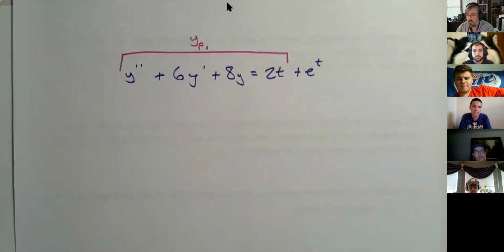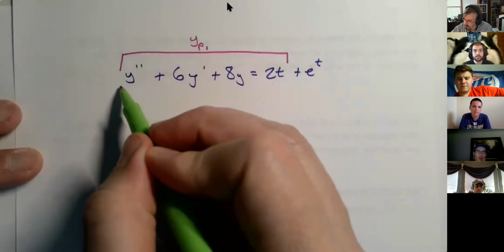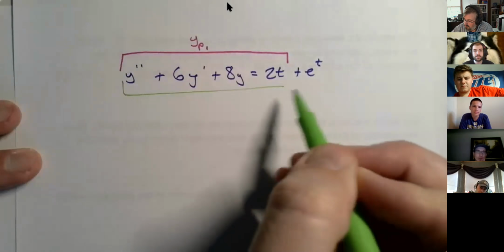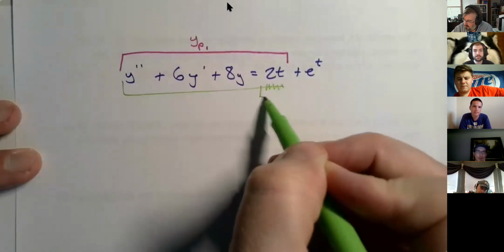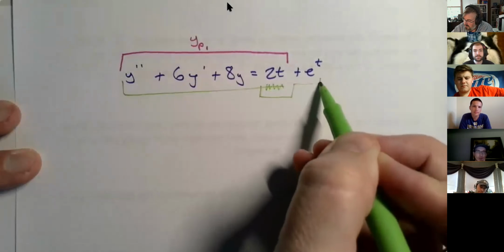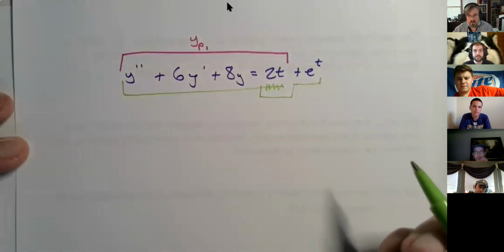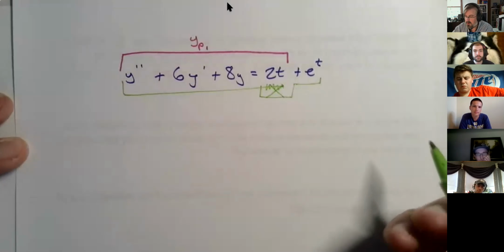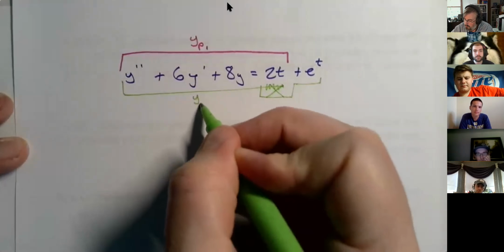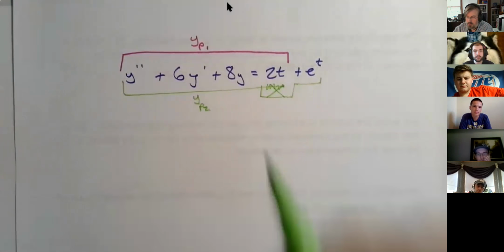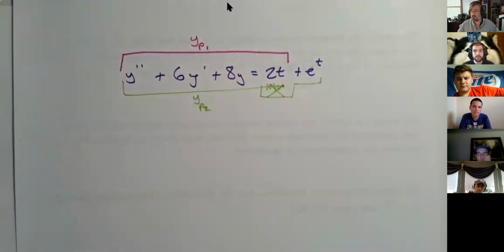If you wanted to, you could skip that and do that much as the solution, not doing this part, and call that y sub p2. You could find your particular solution for each one of those, because the overall particular solution is going to be the sum of those 2.